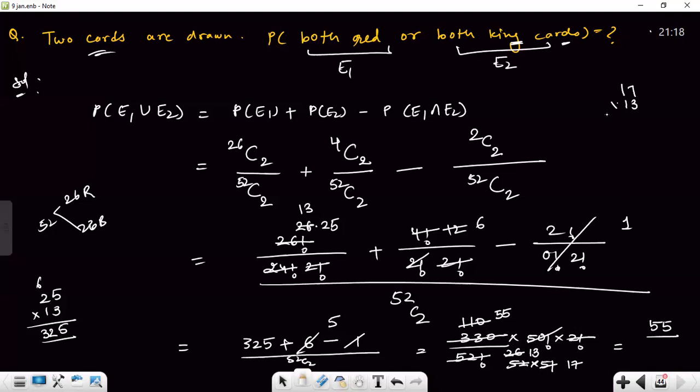17 into 13: 13 sevens are 91, 9 carries, 13 ones are 13, 13 plus 9 is 22, so 221. So now the answer is 55 by 221. Let me check. Yes, it is the right answer.